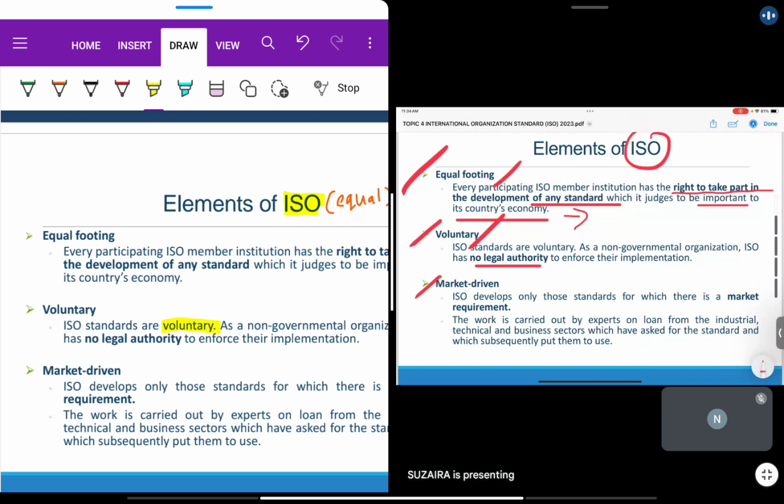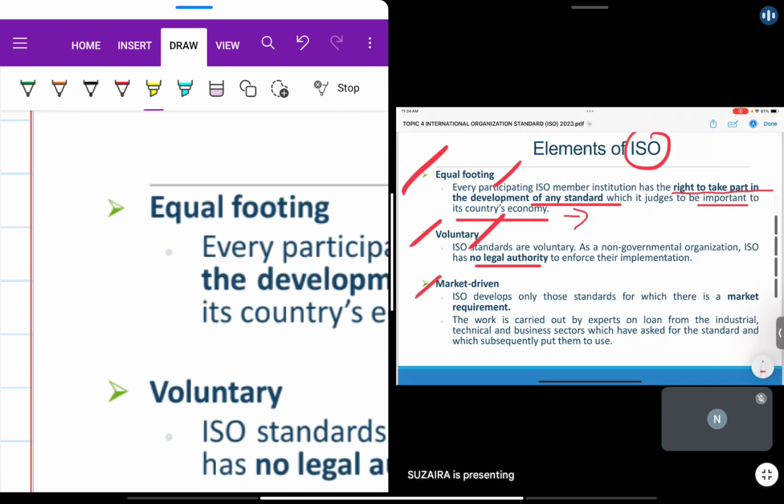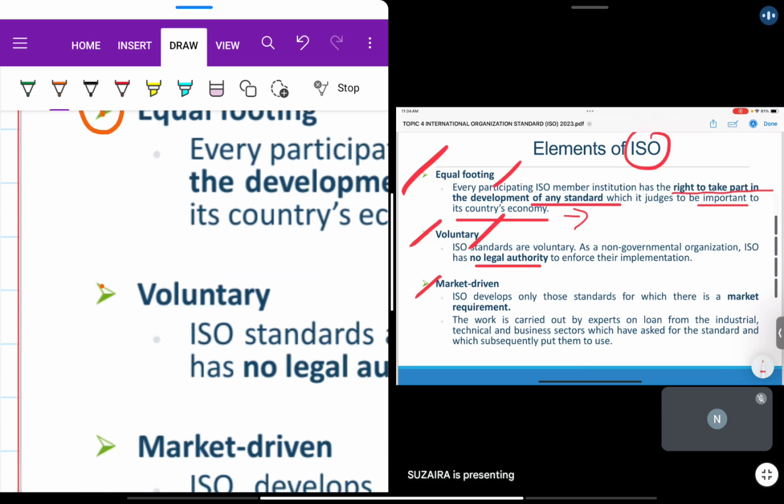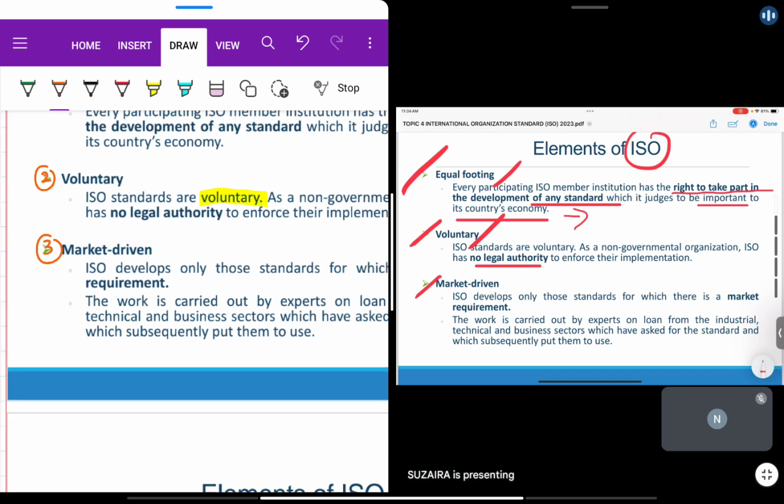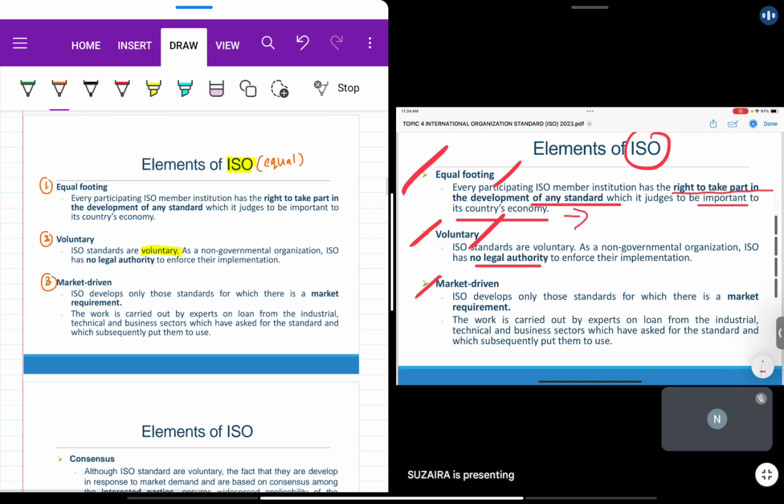Market driven means that whenever you want to develop a new standard, it should be in demand from the company, from the customer.